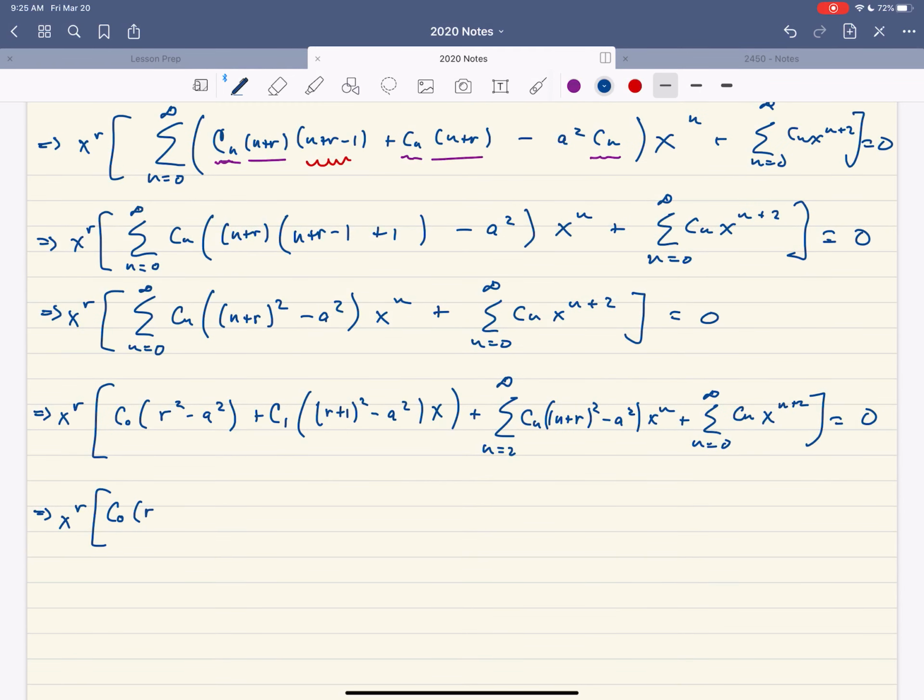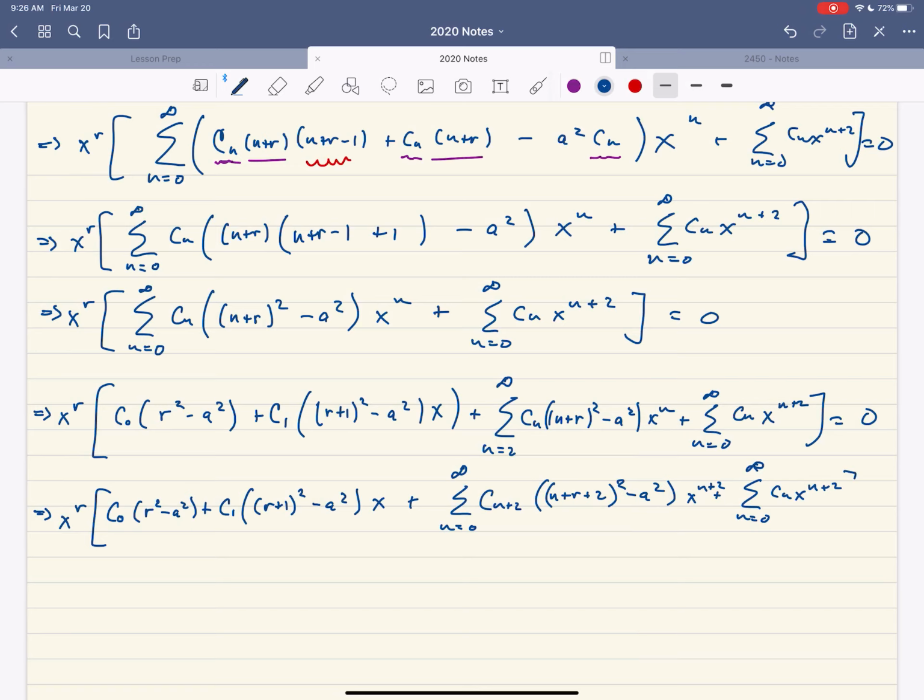So we're going to have c0 times (r squared minus a squared), plus c1 times the quantity (r plus 1) squared minus a squared, x, plus, let's see, if we shift from our sum starting at 2 to our sum starting at 0, this means that we're going to be looking at c sub n plus 2 times (n plus r plus 2) squared minus a squared, x to the n, plus c sub n x to the n plus 2, equals 0. I forgot the n plus 2 over here. I just fixed it, but I didn't say it.